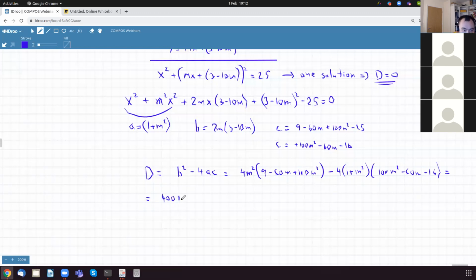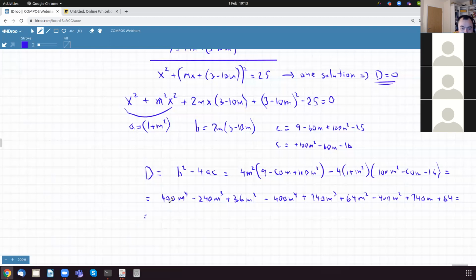400 m to the power 4 minus 240 m cubed plus 36 m squared, minus 400 m to the power 4 plus 240 m cubed plus 64 m squared minus 400 m squared plus 240 m plus 64.